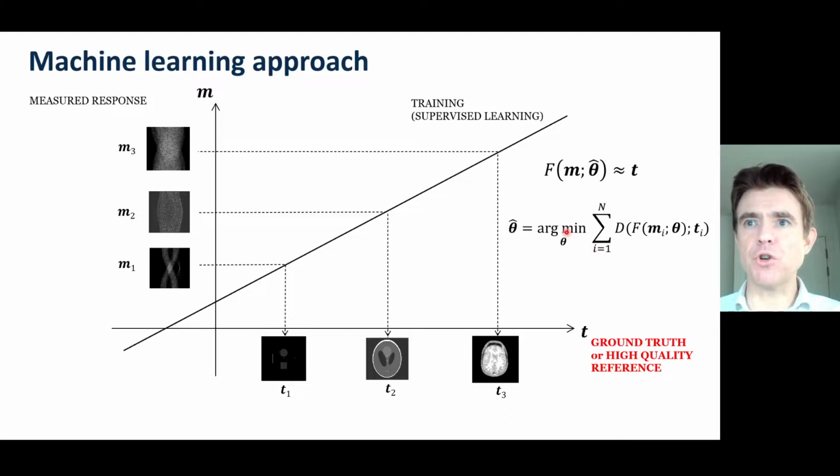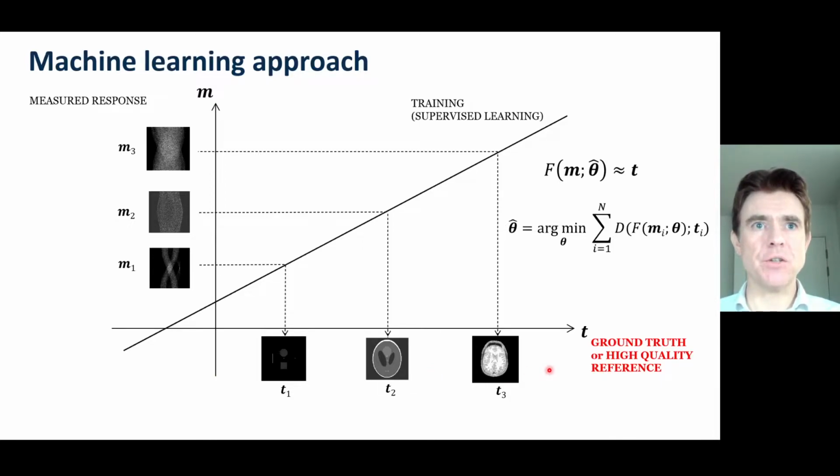And what we're going to do is try and find the parameters theta of this linear mapping that minimizes the distance between each of these pairs. So in other words, can we find that line that best relates all of our example pairs of data? And these are what are called training data pairs.